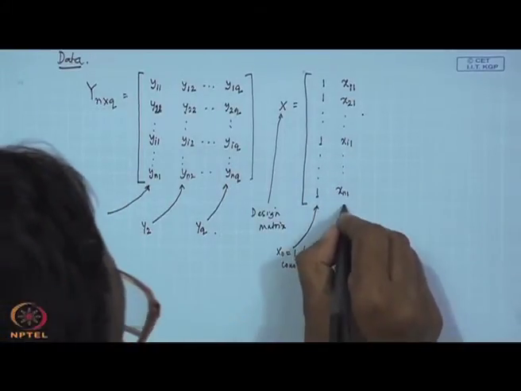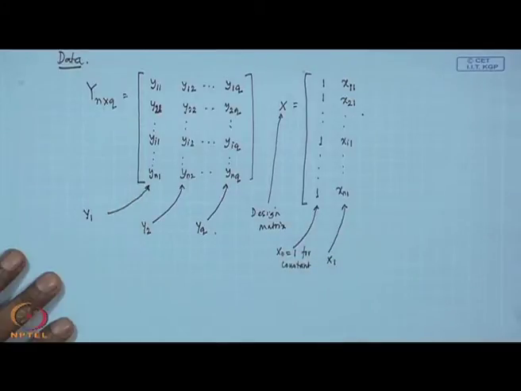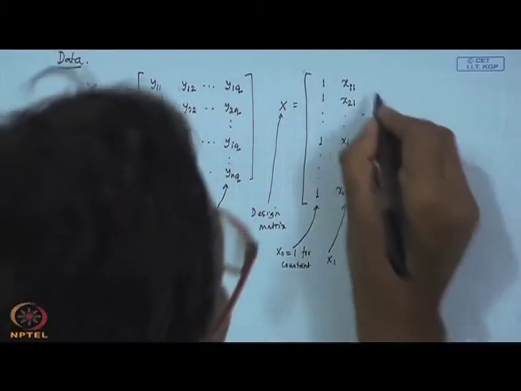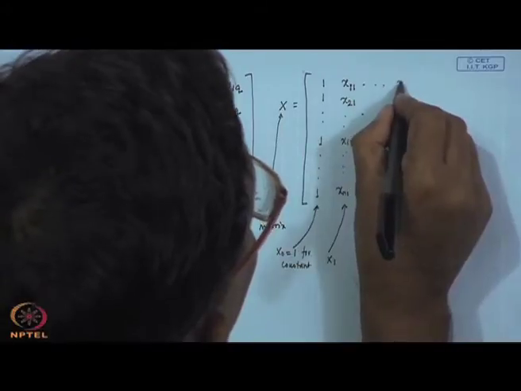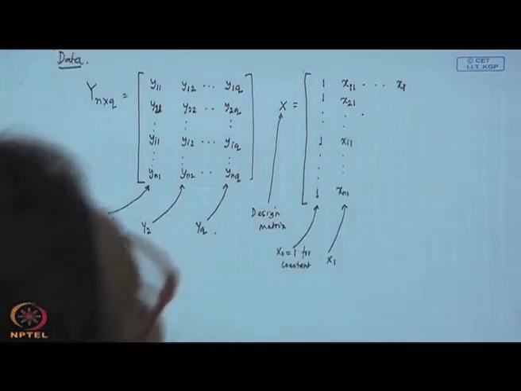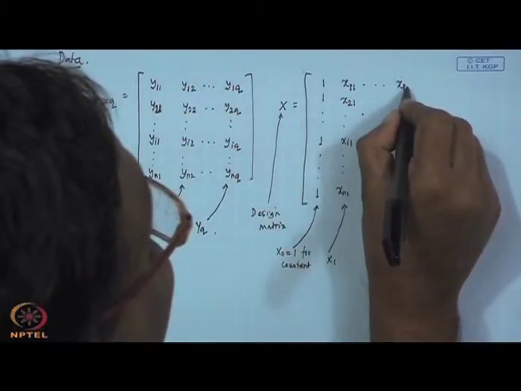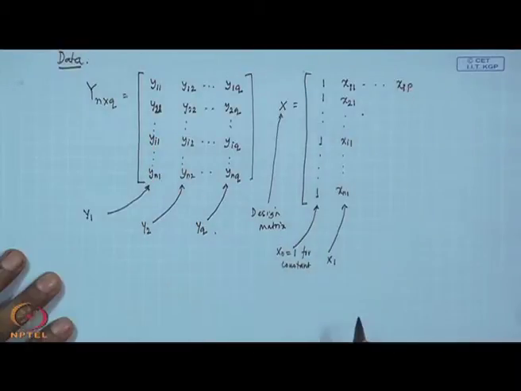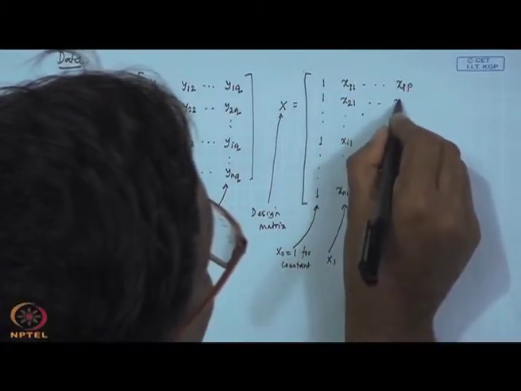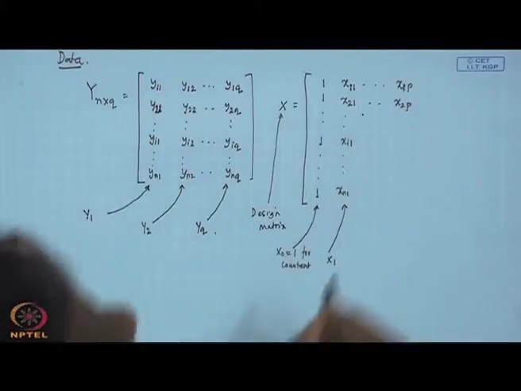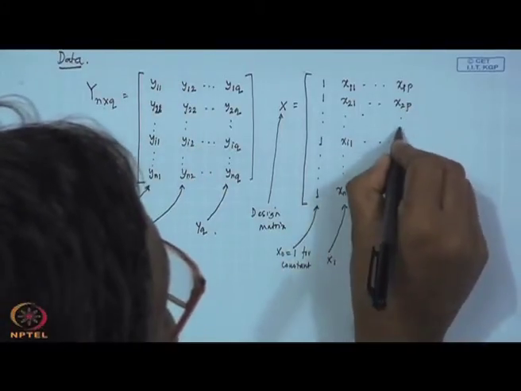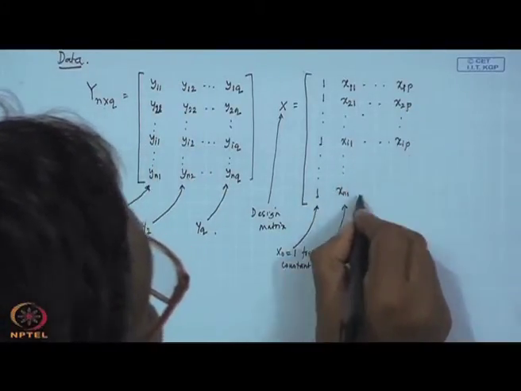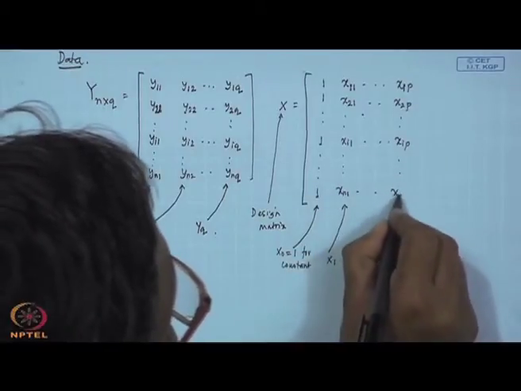This is my independent variable 1, x1. Similarly, you will be finding x variable observation 1 on x variable p, observation 2 on p, like this i on p, like this n on p.